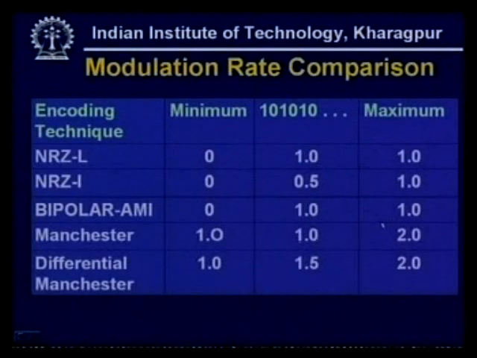However, we have seen that Manchester encoding gives very good synchronization facility. That means whenever you are sending a long sequence of zeros or a long sequence of ones, it will not lead to synchronization failure, because at the other end the phase locked loop will be able to regenerate the signal without any problem.